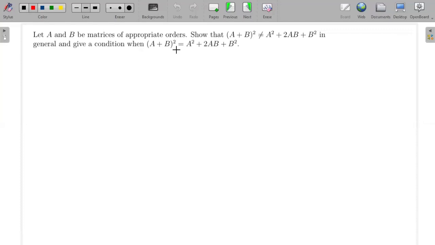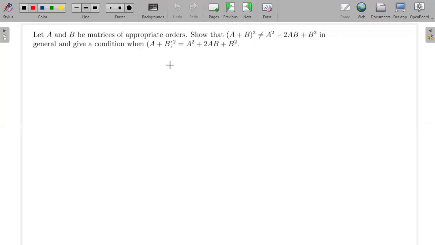Show that (A+B) squared is not equal to A squared plus 2AB plus B squared in general, and give a condition when (A+B) squared will be equal to A squared plus 2AB plus B squared.